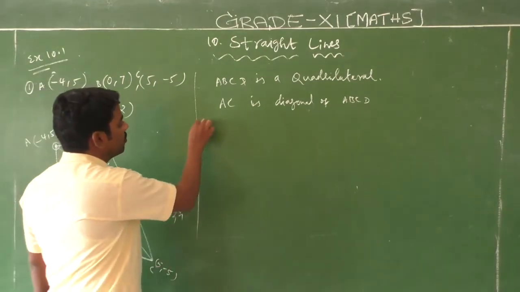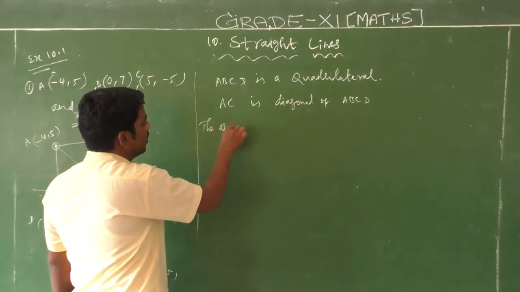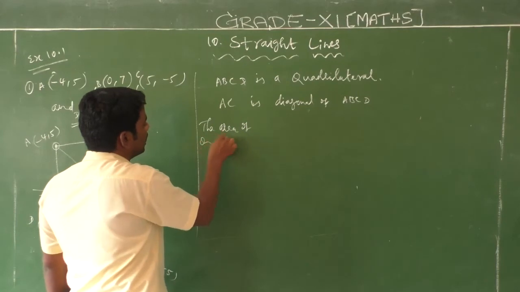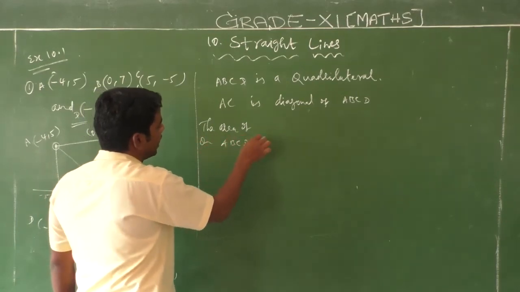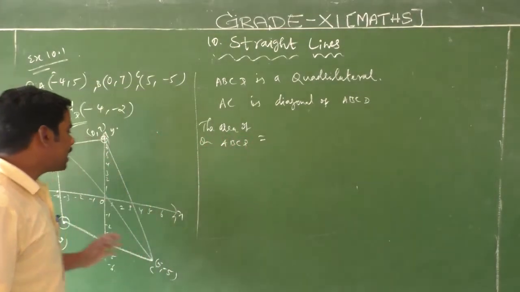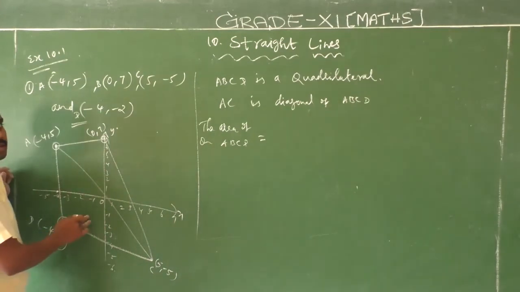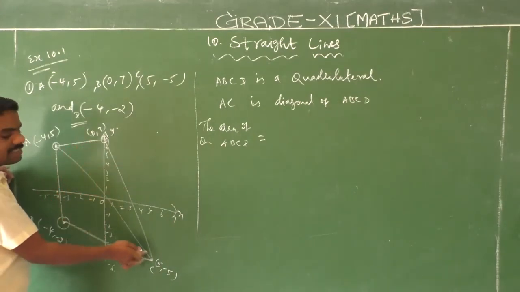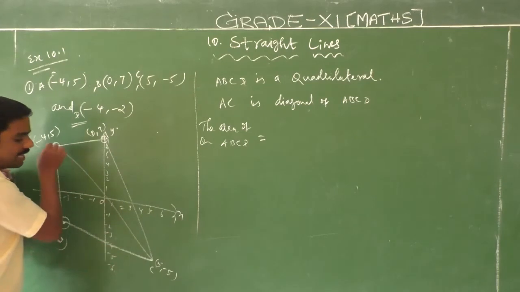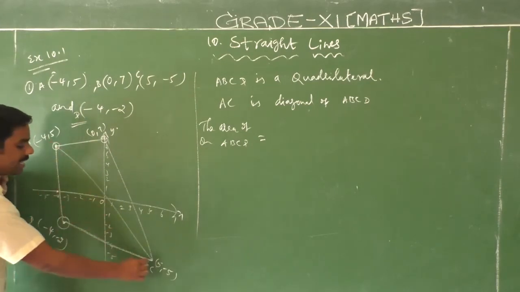The area of quadrilateral ABCD is equal to, this quadrilateral is divided into triangles: ABC is one triangle, and another triangle is ACD.